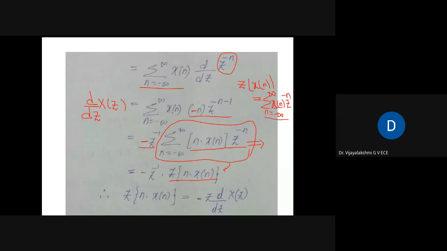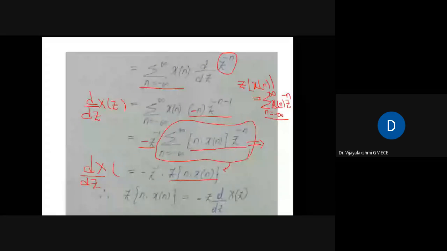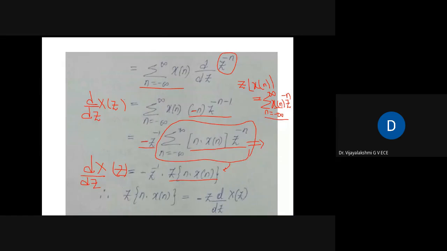On the left hand side, what I have is d by dz of X of z. Now what I do is I take this minus z inverse to the left hand side. This is minus z inverse, 1 over z, right? So with that, the minus sign also I'll take to the left hand side.